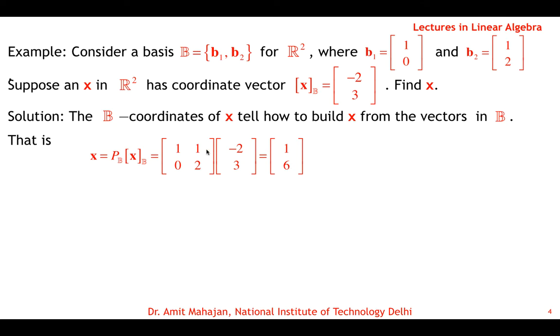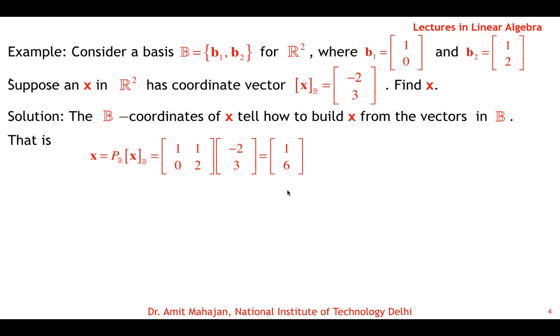Clearly, what we are doing is taking the first vector with the scalar c1, which is -2, and the second vector with 3. That means on the R2 plane we move -2 distance along the (1, 0) vector, and then we move 3 distance along the (1, 2) vector to reach this point (1, 6).